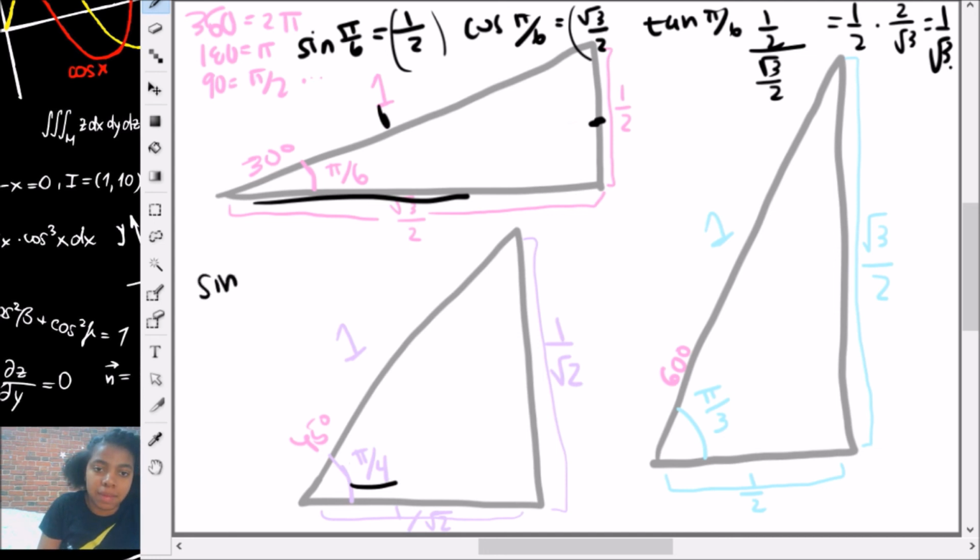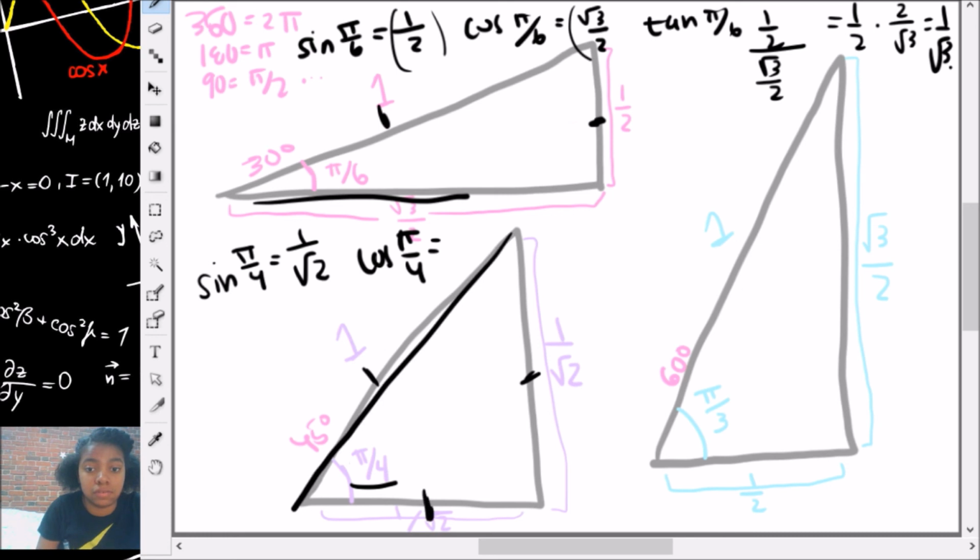The sine of pi over 4 is going to be 1 over root 2. The cosine of pi over 4 is going to be the same, because this is an isosceles triangle, so these two sides are the exact same. The opposite and the adjacent are the same, so the cosine and the sine are the exact same.